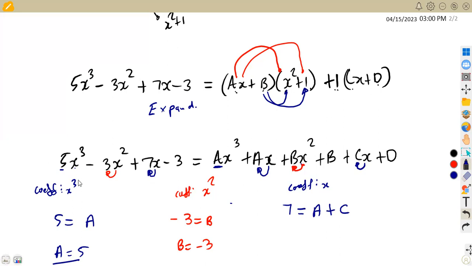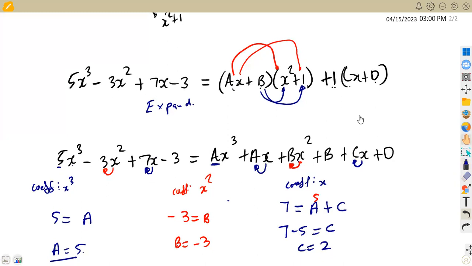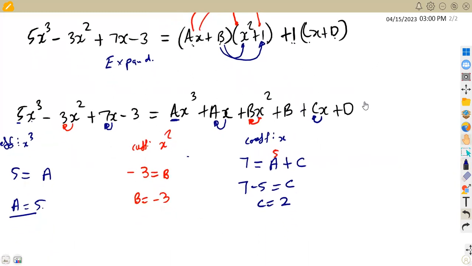But remember, we calculated the value of a before and obtained 5. So we can substitute a, which is equal to 5, to obtain the value of c. So 7 minus 5 is equal to c. c is equal to what? Is equal to 2.